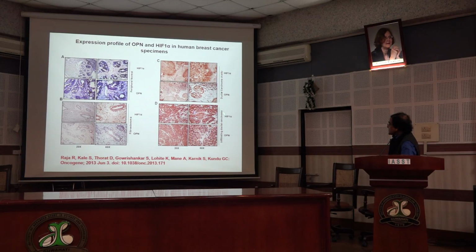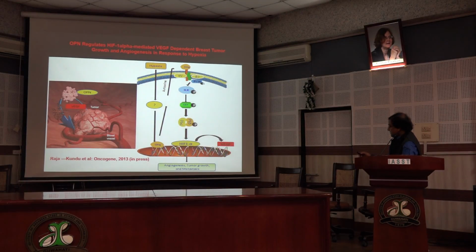By immunohistochemistry, she checked the expression of HIF1 alpha and osteopontin and found that expression of these genes is very high in infiltrating ductal carcinoma compared to peripheral tissues or fibroadenoma. That suggests hypoxia regulates the osteopontin gene mechanistically through this pathway, which controls HIF1 alpha dependent VEGF expression and regulates tumor growth and metastasis. This paper also came out in Oncogene.